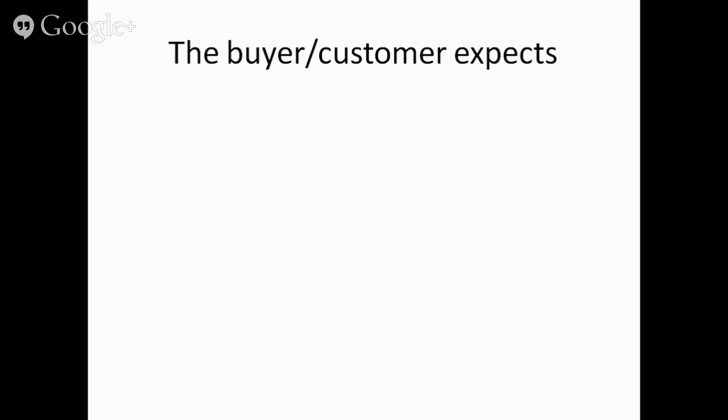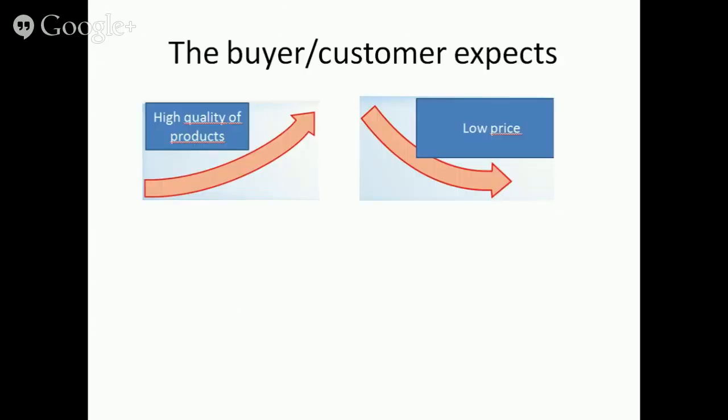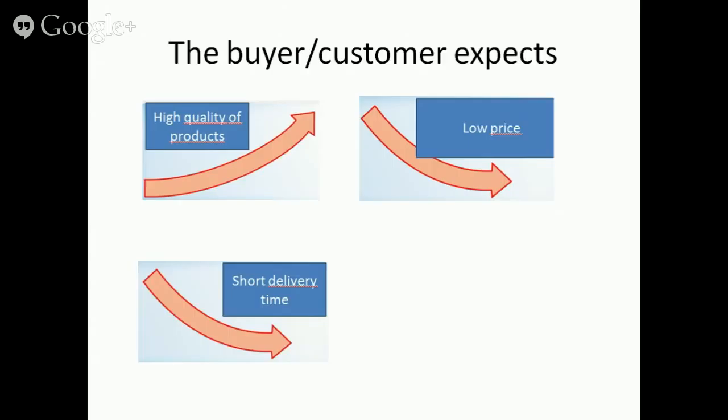The buyer or customer expects products of a high quality and at a low price. He expects his order to be processed in a short time and at a specific time. This is known as just in time.